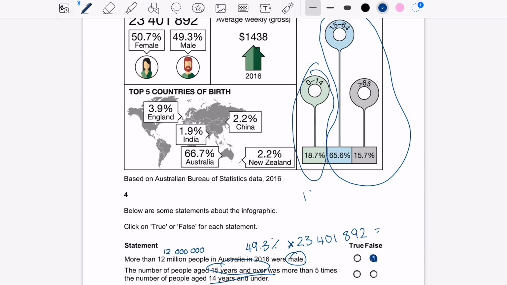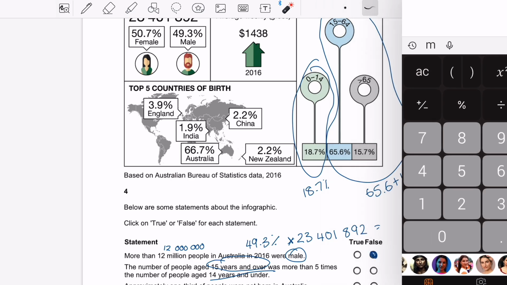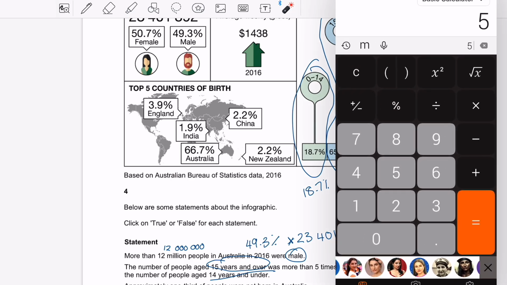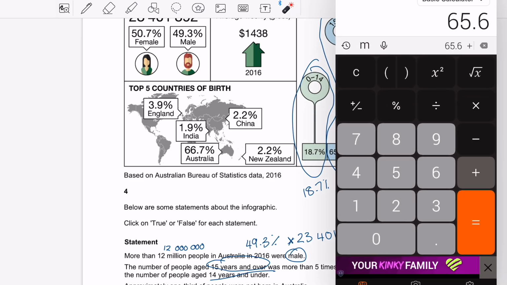So this group is 18.7%. This group is 65.6% and 15.7%. So I'm going to add these two up. 65.6 plus 15.7 is 81.3.